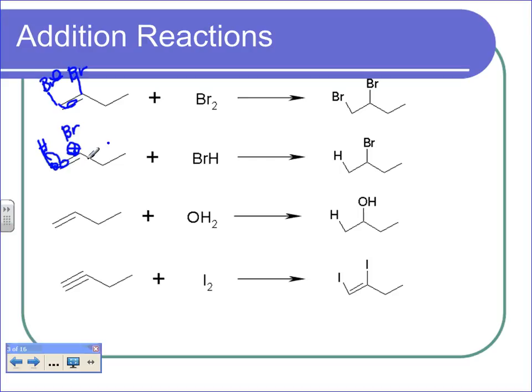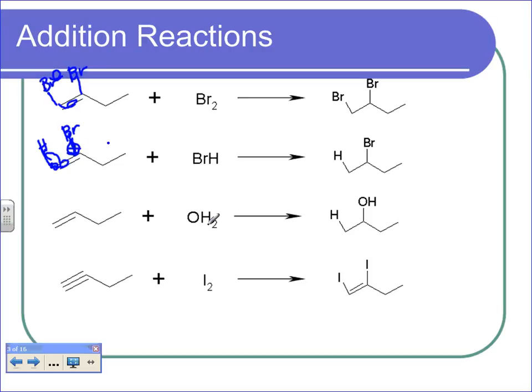So this is a more stable carbocation. So this is the bromine that attaches there. Now, that little discussion about the carbocation and the mechanism, that's what I'm talking about when I say we're going to use a little bit of logic, but the reality is you just need to memorize Markovnikov's rule. You're not going to be asked any questions about the mechanism. It takes a year of organic chemistry to learn all the detailed mechanisms of organic chemistry, and that's not the focus of this course.